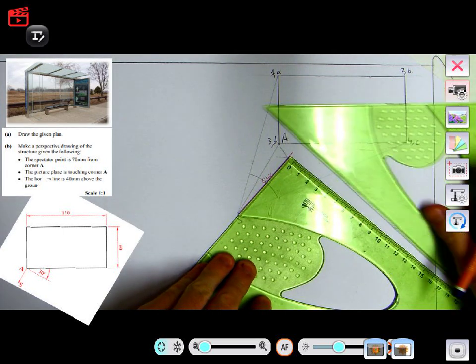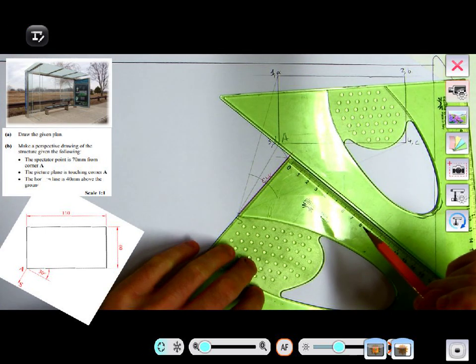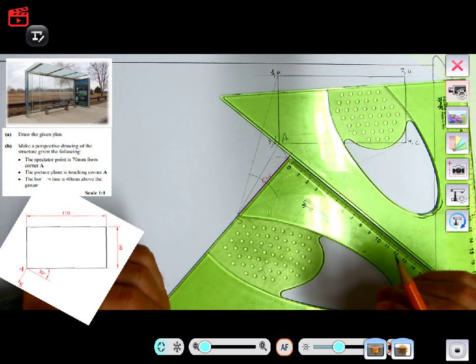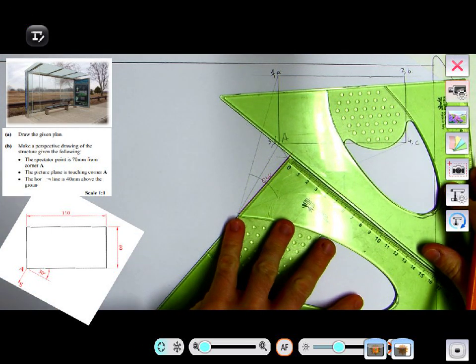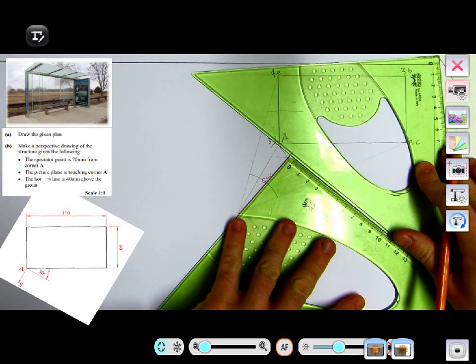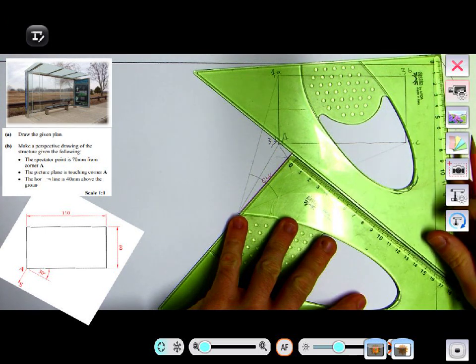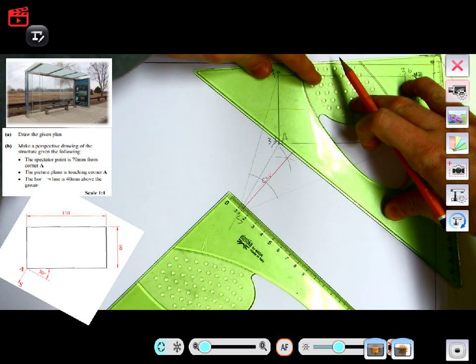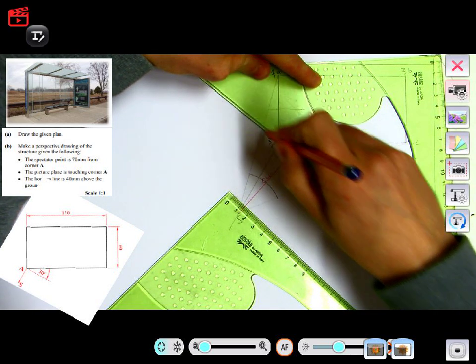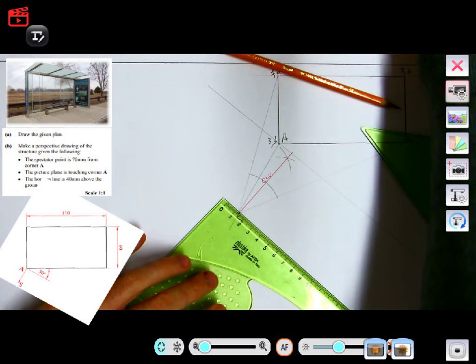I take my second set square and I'm creating a 90-degree line here, because your phone screen, your camera lens, is going to be at 90 degrees to whatever way you're pointing it. So I'm going to slide this along the center line of vision until my second set square gets in contact with corner A. When it's in contact with corner A, draw it in there, and that is what we call our picture plane.